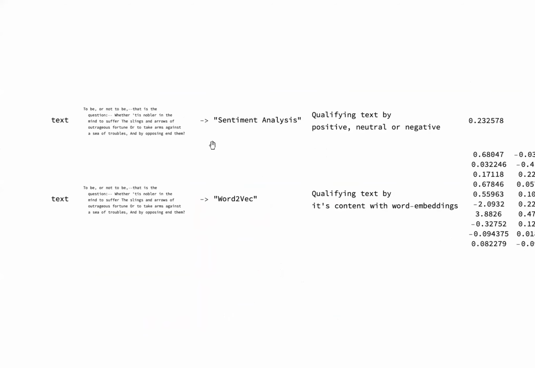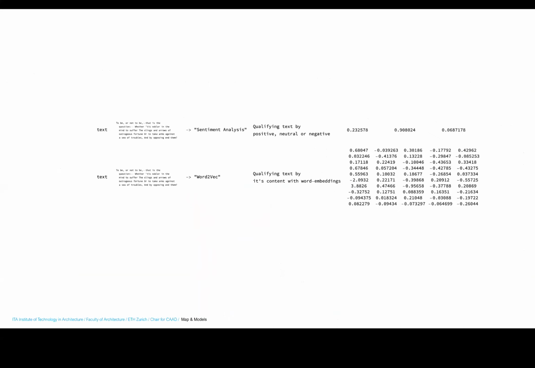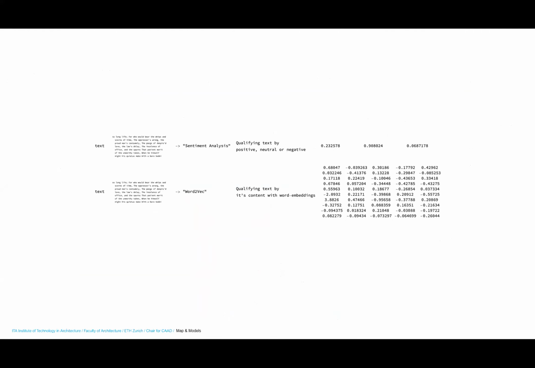One is sentiment analysis, the other is word2vec. For word2vec, we will use a pre-trained model provided by Mathematica. You see that with different inputs, the numbers will change. That's the slides part, and now I will hand over to Carla, and she will show you examples through code.